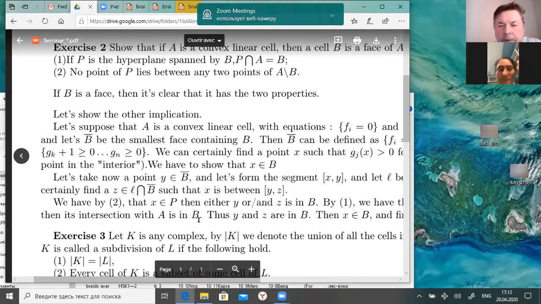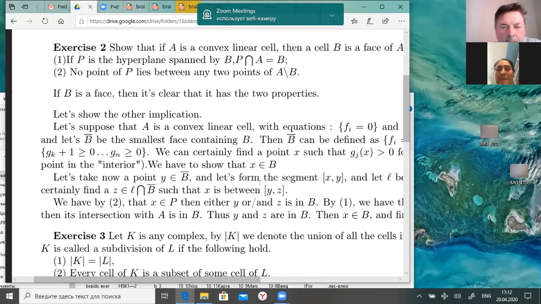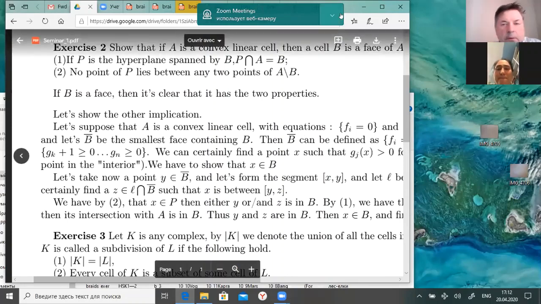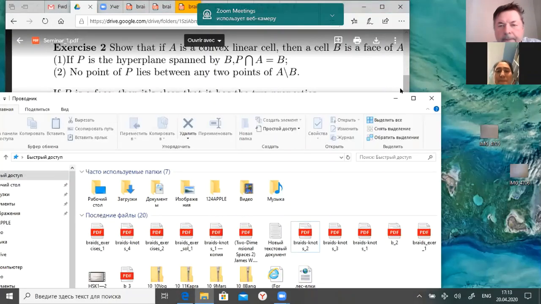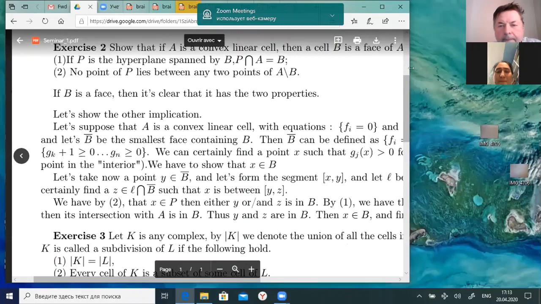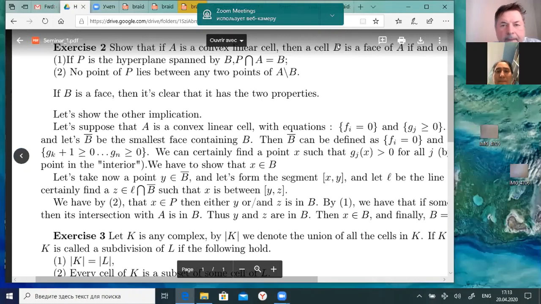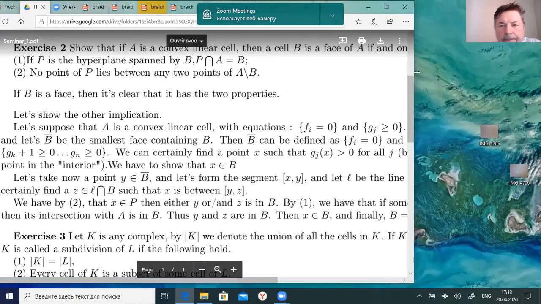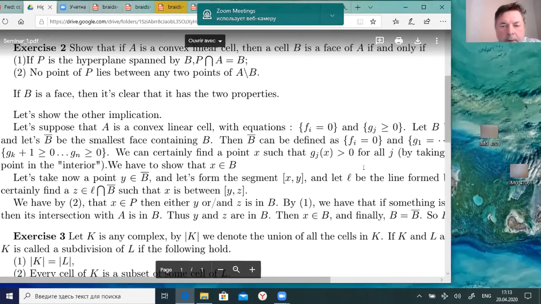Do you see the screen? I do see the screen, but it's missing on the right side. If I read what I see, let's suppose A is a convex linear cell with equation Fi equals 0, and then I cannot see after. Yes, a bit more, and it will be perfect.